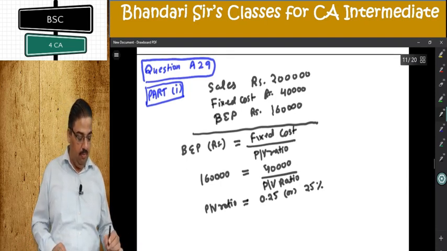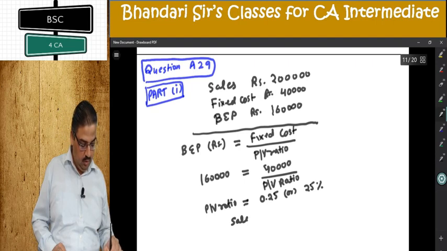Now having got a PV ratio, sales multiplied by PV ratio will give me contribution.